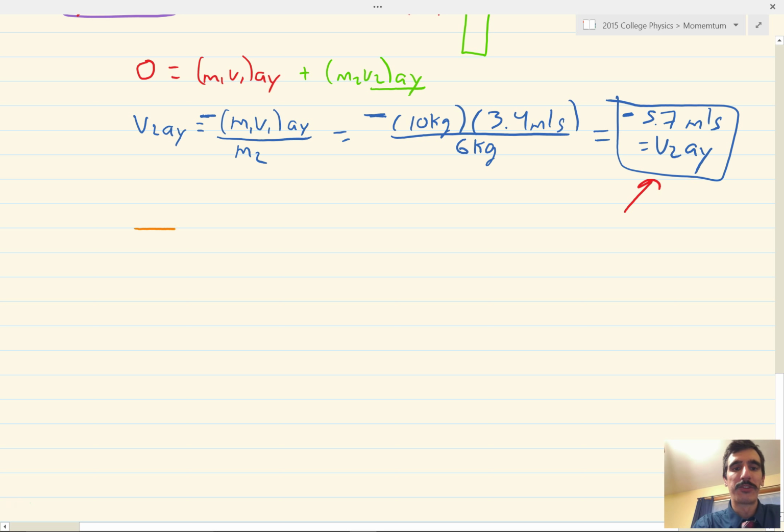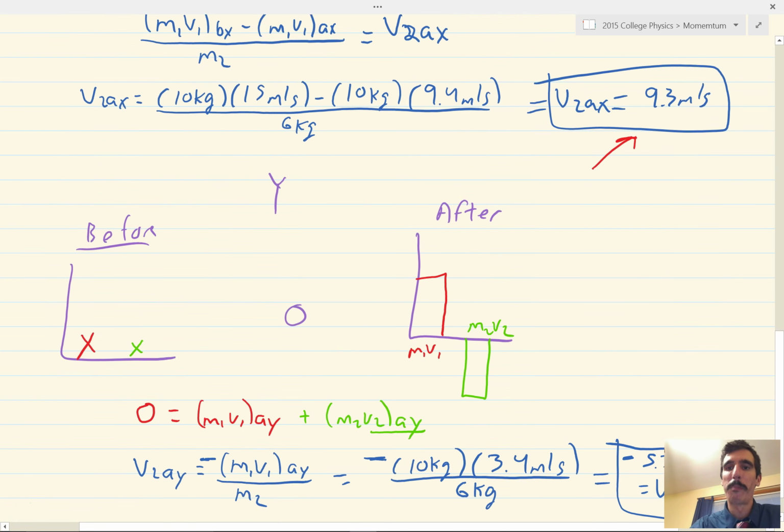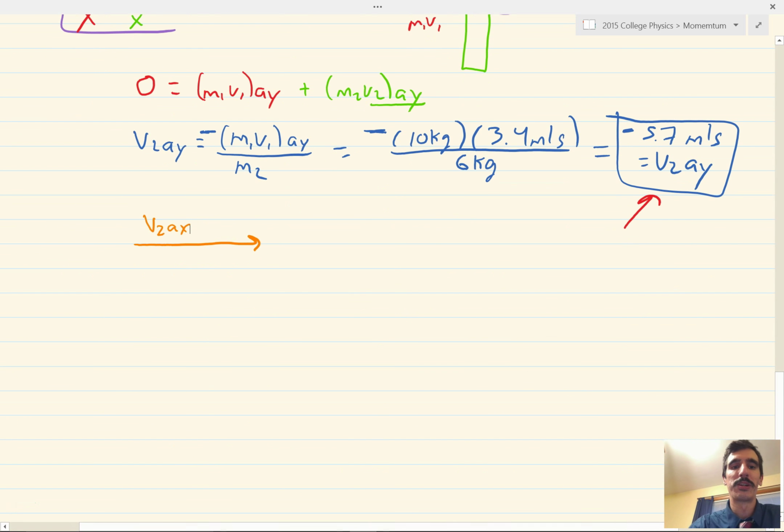So we've got velocity of object 2 in the x direction, and that is 9.3 meters per second. And we have velocity of object 2 in the y direction, v2 after in the y direction, that's 5.7 meters per second. The vector going down helps us know that it's a negative.